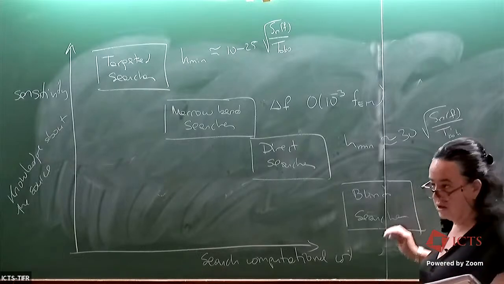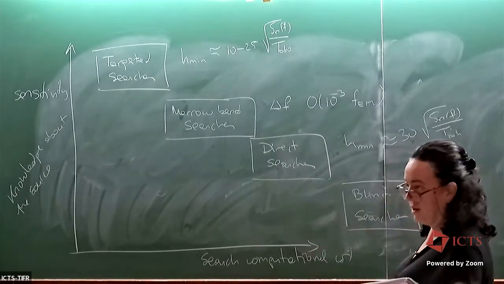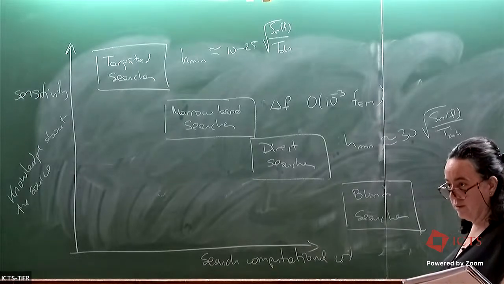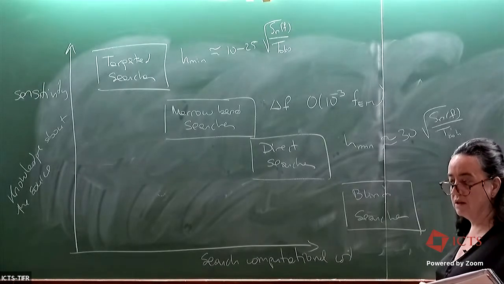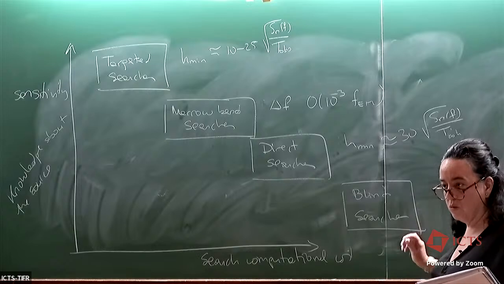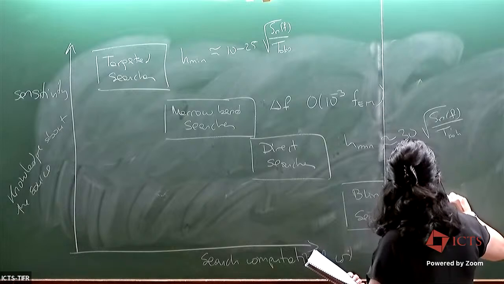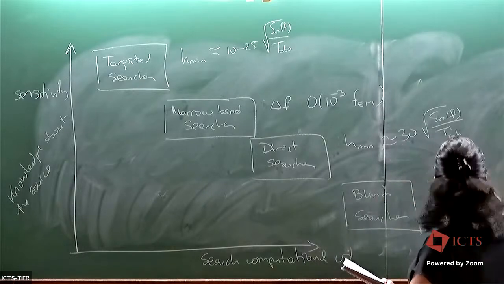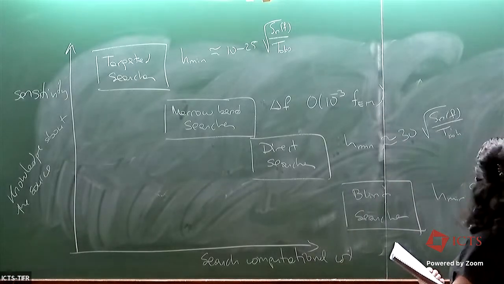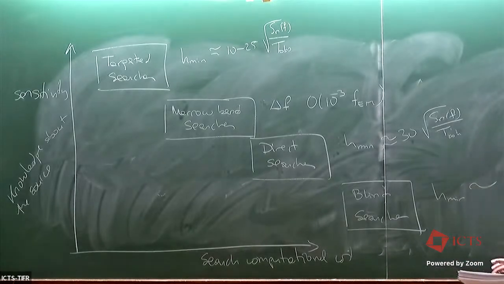The only way to do these kinds of searches is going to be to employ the semi-coherent searches, in which the total observing time is going to be split into smaller chunks. In this case, the minimum amplitude is going to scale like a certain factor, depending on the kind of search we do.